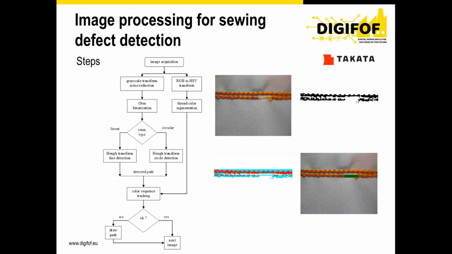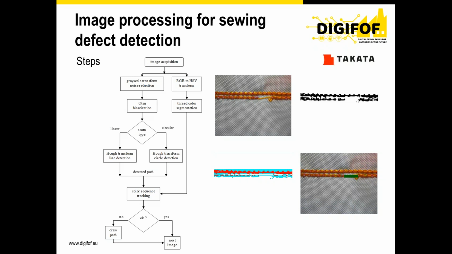After acquiring the images, we try to make two segmentations, one based on color in order to recognize the portions of the image where the seam was present, and then using the Hough transform and morphological information to find out if the seam was linear, circular or partially circular.